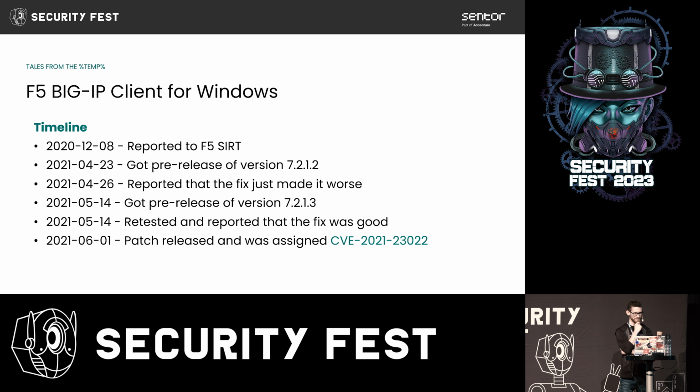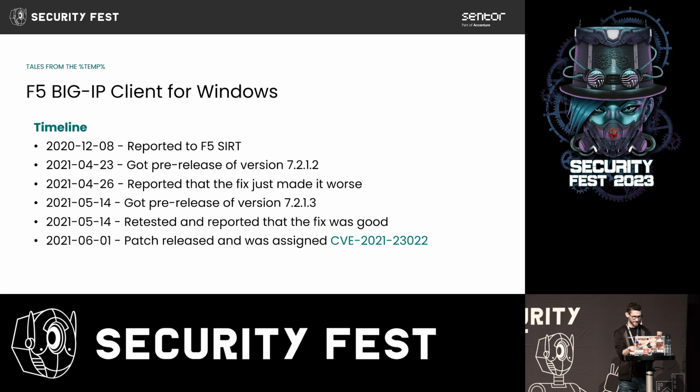And then a few weeks after they released the .3 version, I retested it and it was good. And the component installation service got a CVE for the temp folder failure. I actually got a CVE for the DLL hijacking, which is really weird because I think most of their binaries can be used to do the same.